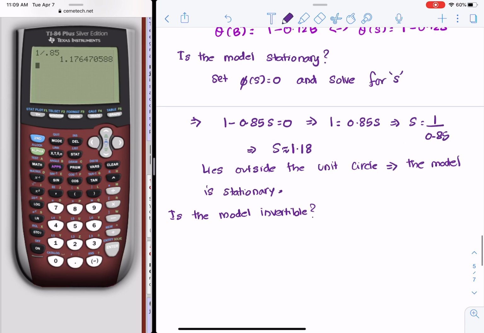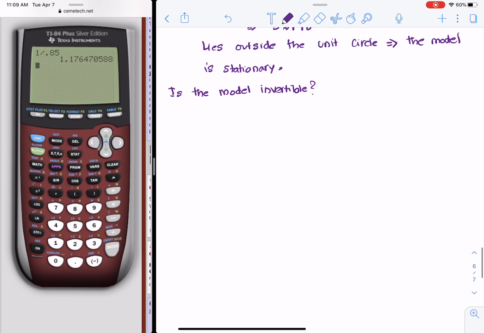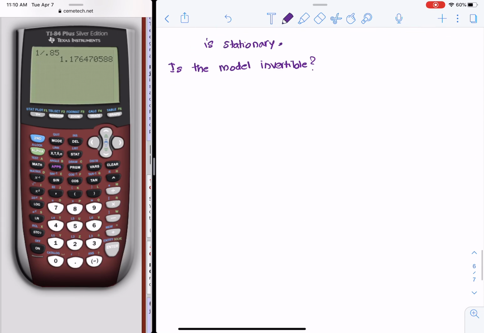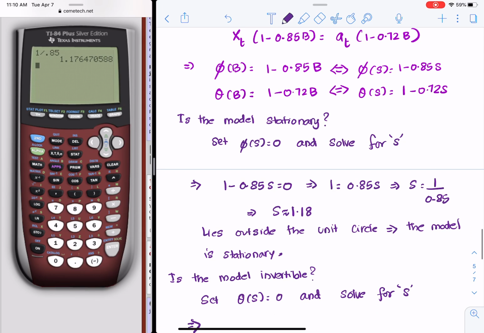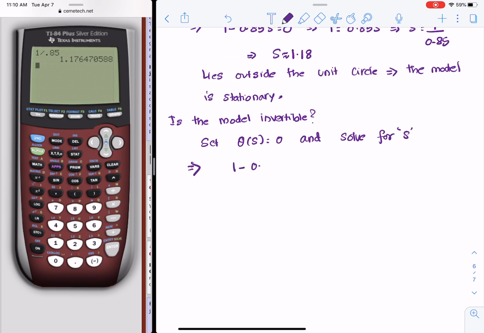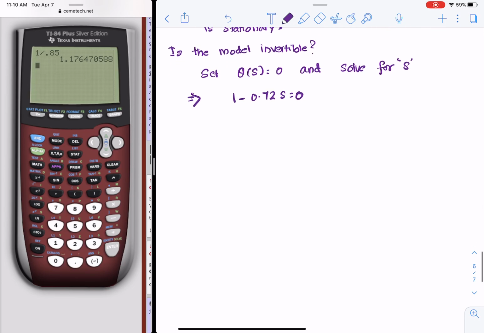To check for invertibility, we set theta s equal to 0 and solve for s, which would imply one minus 0.72s equal to 0, 1 would equal to 0.72s, which would imply s is equal to 1 over 0.72, and that is approximately equal to 1.39.